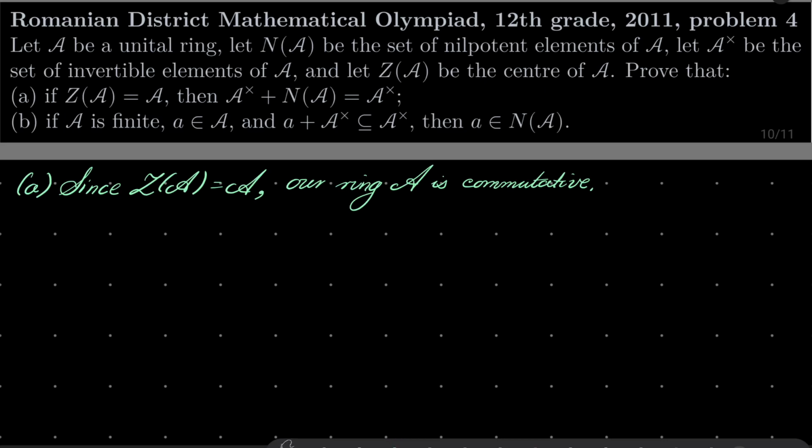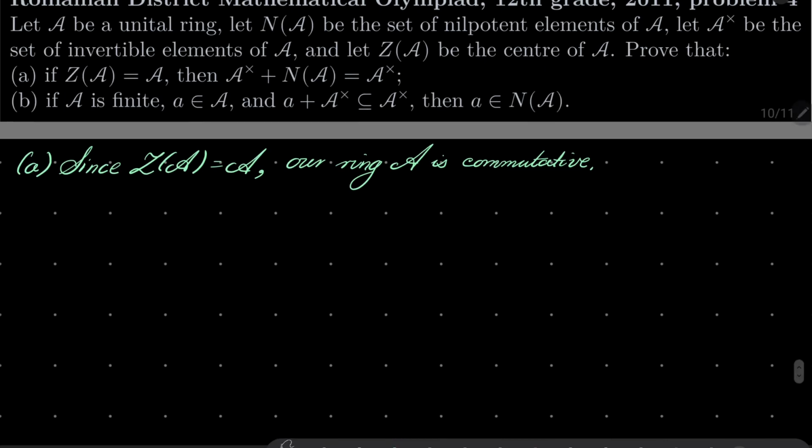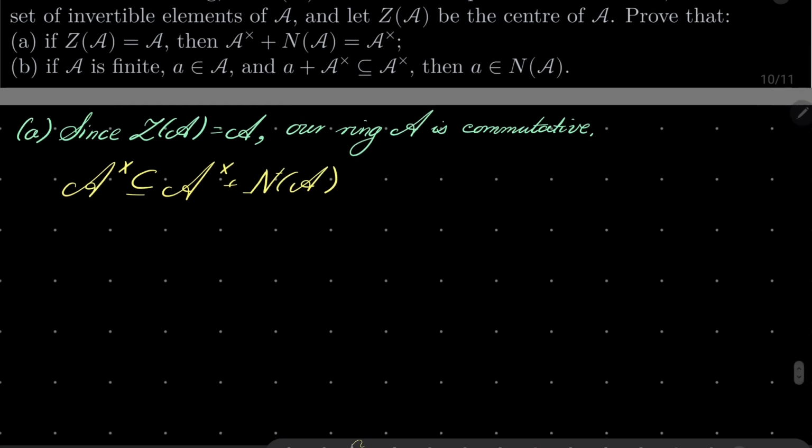Now notice that A star is obviously a subset of A star plus nilpotent elements of A. Why is that? Because 0 is a nilpotent element of A. So for example, u can be written as u plus 0, obviously. So this is true.